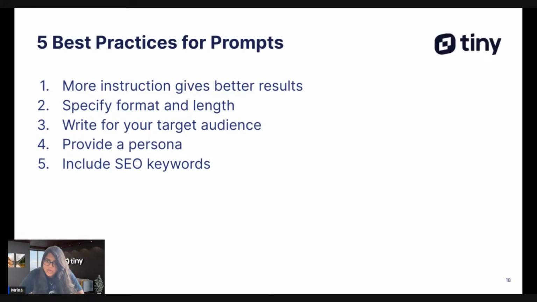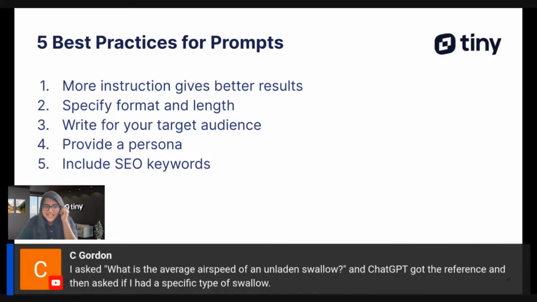I believe I saw a little bit of interesting questions. Oh yeah, so C. Gordon had an interesting response here on how they tried to stump ChatGPT. They asked, "What is the average airspeed of an unladen swallow?" And ChatGPT apparently got the reference and then asked if I had a specific type of swallow.